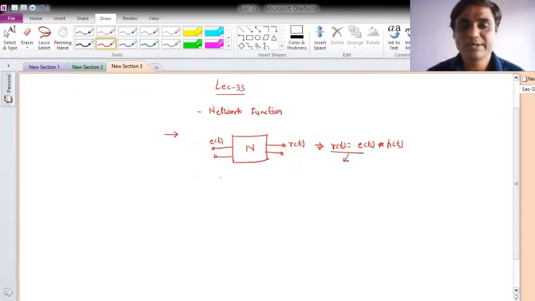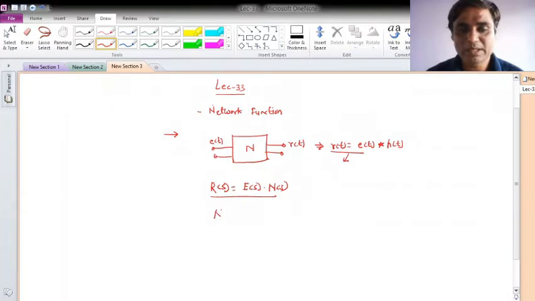Now, if I would like to go into the Laplace domain, to study the network function, in the Laplace domain we can write the same convolution equation as R(s), which is the Laplace transform of r(t), equal to E(s), that is the Laplace transform of the excitation, multiplied with the Laplace transform of the network function or the impulse response, that is N(s).